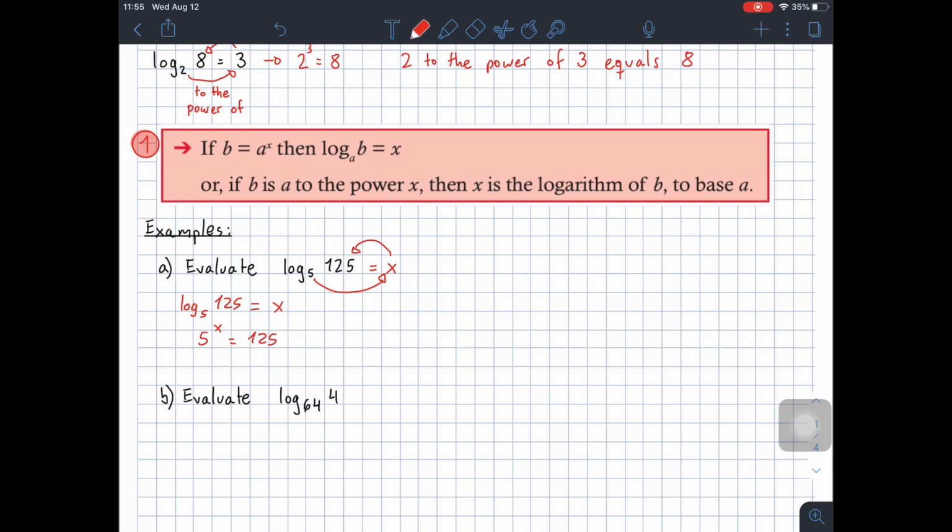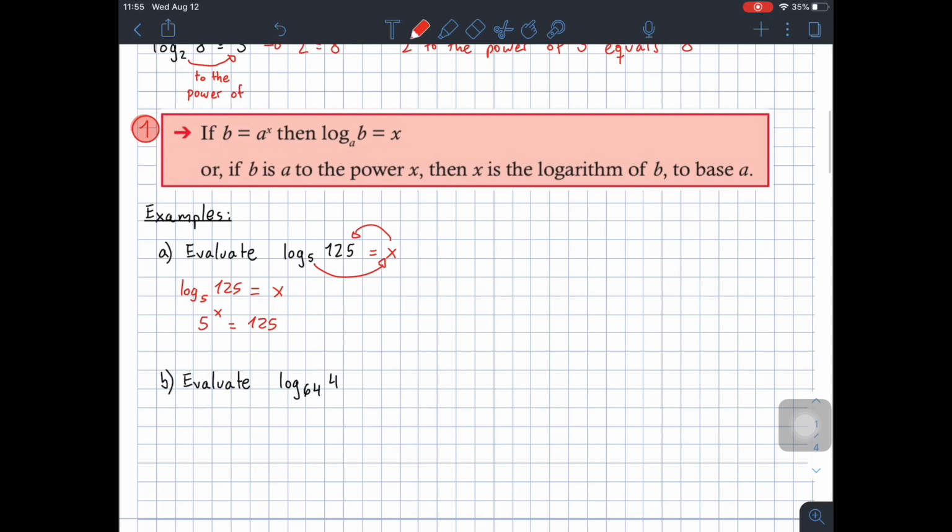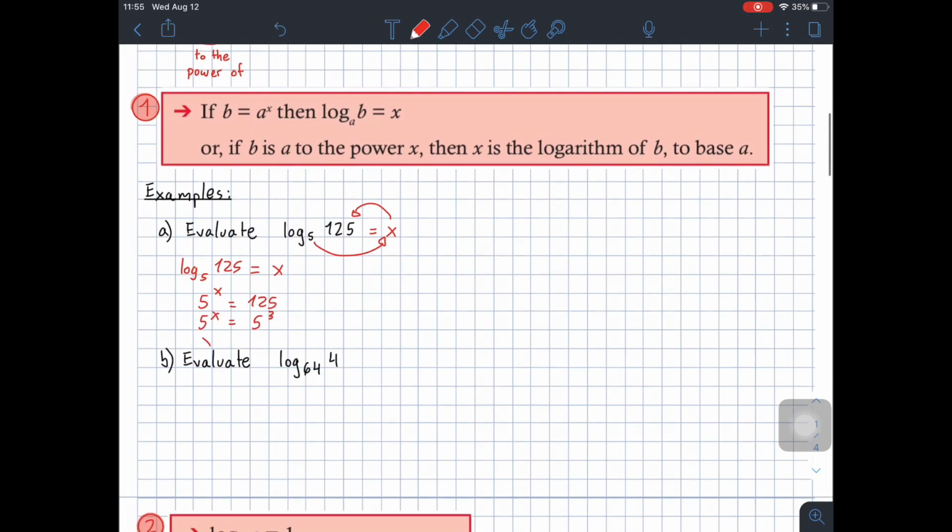Now I need to equate the bases. I know that 5 to the power of x stays like that, and 125, I know it's 5 cubed. That means that the value of x is equal to 3. So the result is that log base 5 of 125 is equal to 3. This would be the final result.